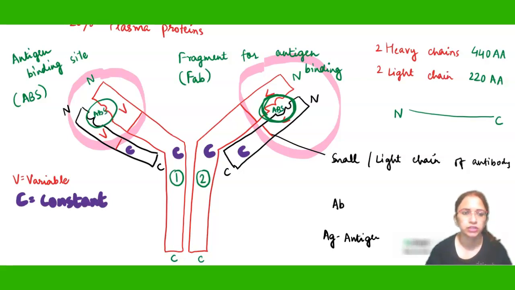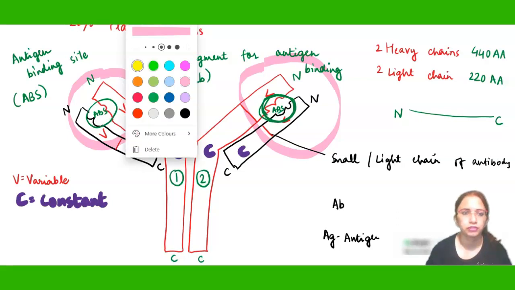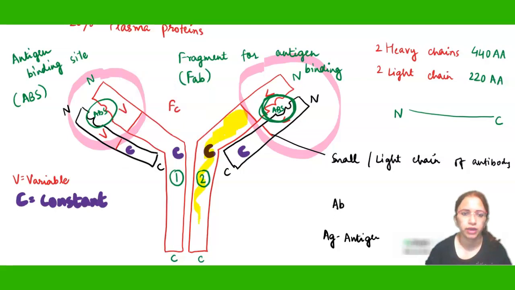Now the region just after this Fab is known as Fc. All the yellow colored parts are your Fc, fragment of crystallization. Let me repeat once again. There are two heavy chains and two light chains. Why are we calling it heavy? Because its molecular weight is more, because it contains more amino acids, approximately 440.